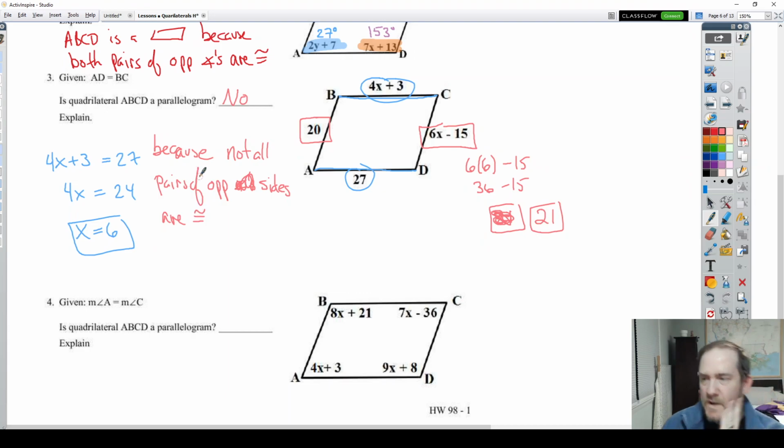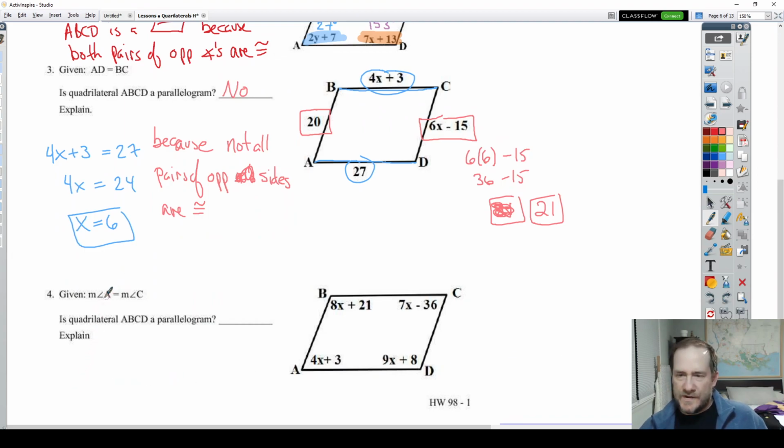Alright, 4. 4 says the measure of angle A is equal to the measure of angle C. So if we know that A and C definitely are the same, then we can set them equal, solve for x, then plug x in for B and D to see if we get the same thing. Because if we do, we're a parallelogram.